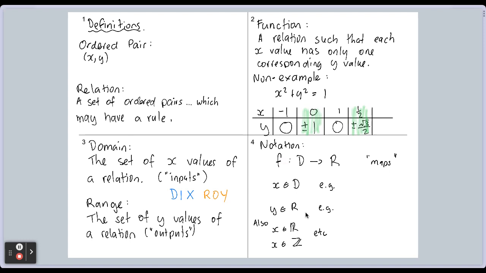So how I say it is f goes from D to R. So all the values in D map to a value in R. You just need to think of D and R as sets of numbers. Sometimes those sets are what we call dense sets, which means you can't list them, and other sets you can.